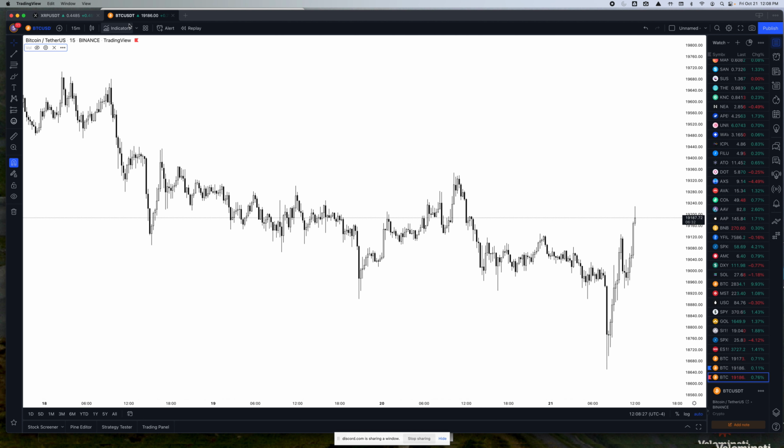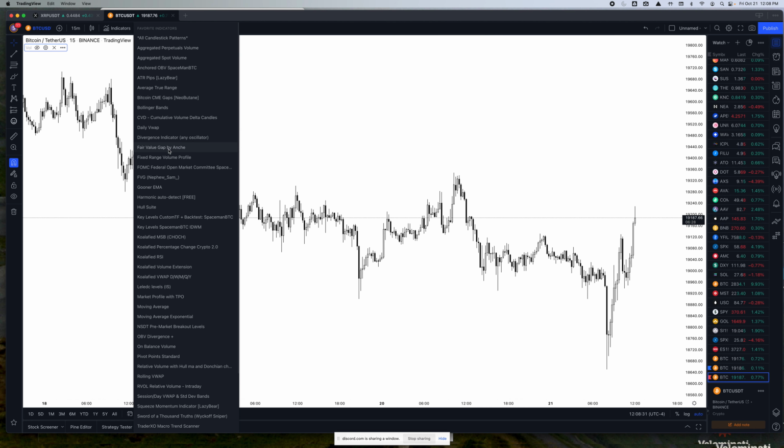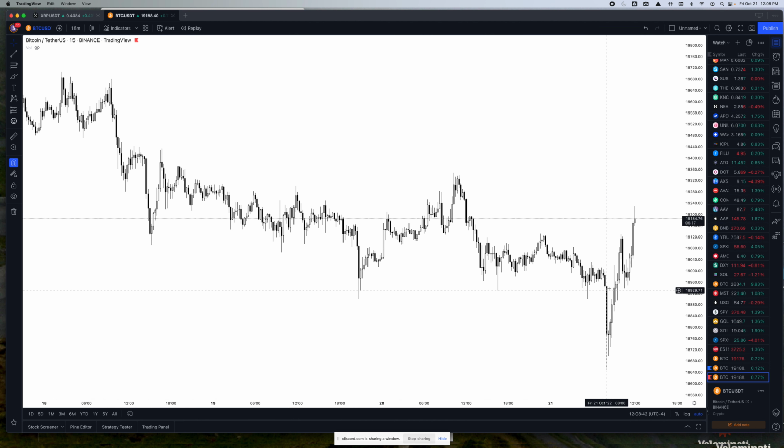What I'm looking at more so is not the total volume per chart, but rather where was volume given the specific price points. So I'm not necessarily as interested in how much volume was in this entire candle, more so where were the trades on that candle, right?